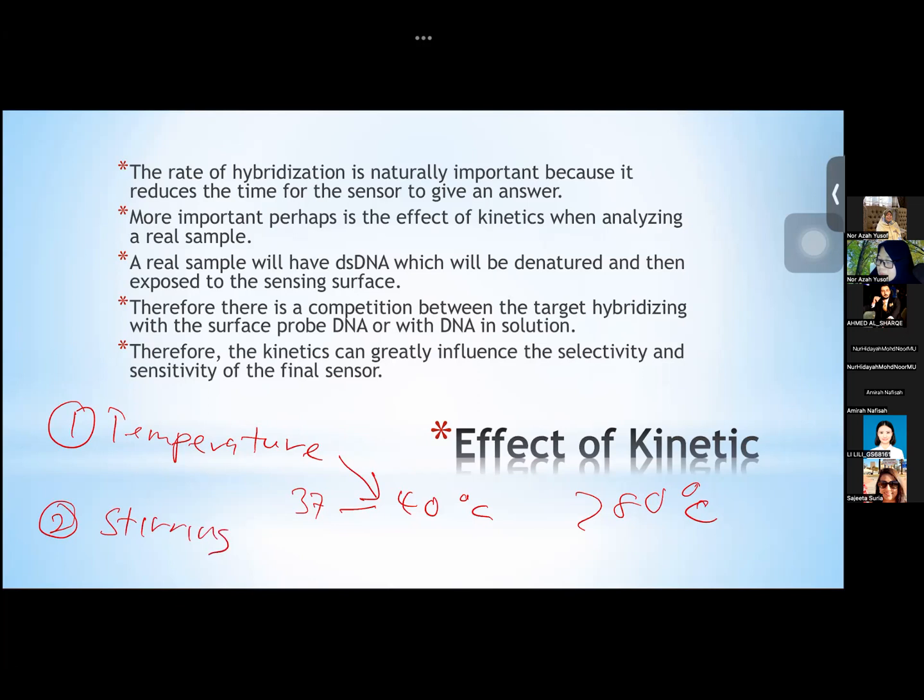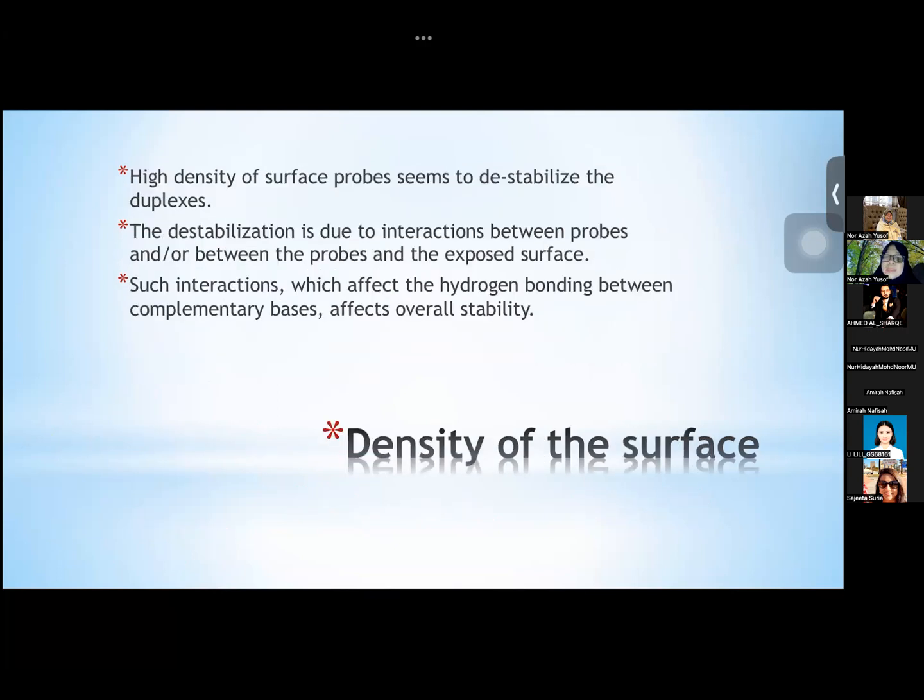But stirring is not always something that you can do, because if you use a portable device like the glucose meter or the test strip, there's no way that you can stir the whole thing, unless you're working with vials where you can stir the whole process. But temperature is something that you can control. So kinetics is very important as well, and we control it through temperature.